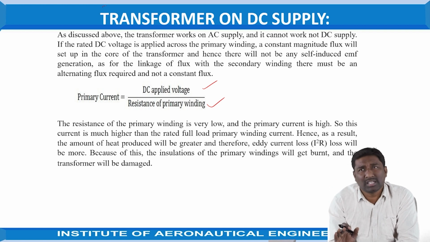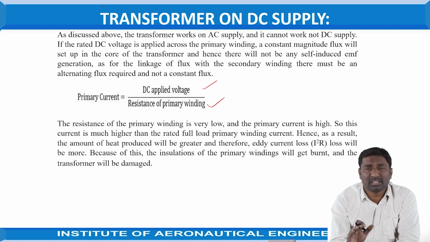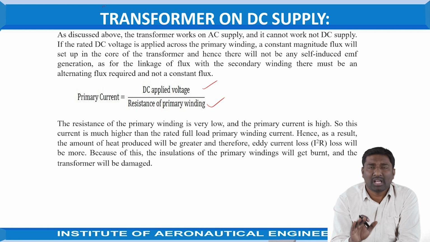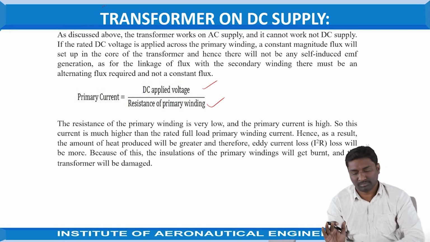So due to this reason, we do not connect the DC supply to the transformer. We connect only an alternating supply. That's why the transformer works only on AC supply, not DC supply.